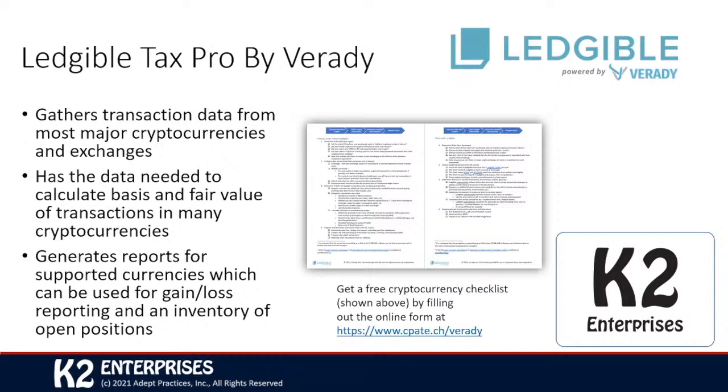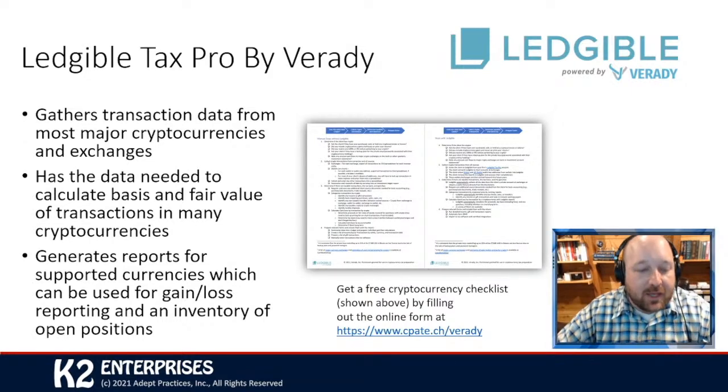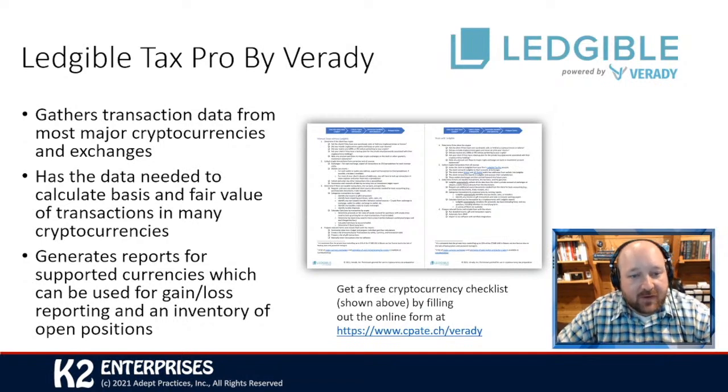Most folks don't realize this, but when you buy and sell different forms of cryptocurrency, that's a taxable event. And if I sell, for example, Bitcoin and I buy Ethereum, or I sell Ethereum and I buy Ripple, or if I sell Ripple and I buy IOTA or whatever else, every time of that, I have to calculate if there is a taxable event and calculate a loss or a gain.